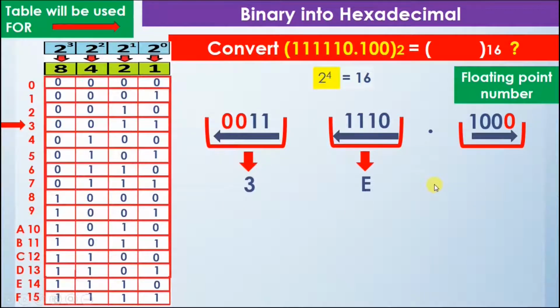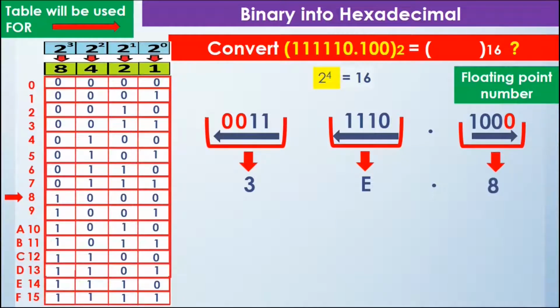Next, the decimal point will maintain its position. So it comes here. And next we will take the binary value 1000 and we will find it in the table. So where is the value 1000 in the table? Here is the value and it is equal to which hexadecimal digit? That is 8. So we write 8 here.